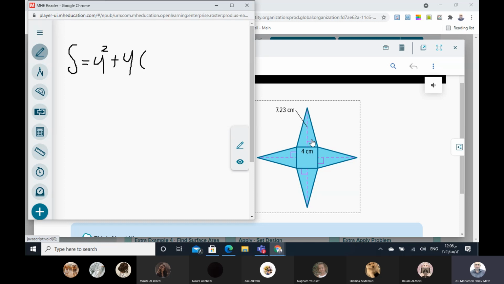Find the area of one face. The type of the face will be a triangle. How to find the area of the triangle? We have the formula 1 over 2 multiplied by the base multiplied by the height of the triangle.